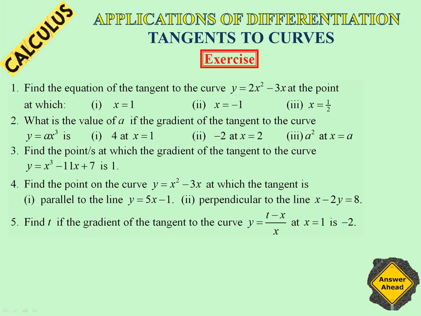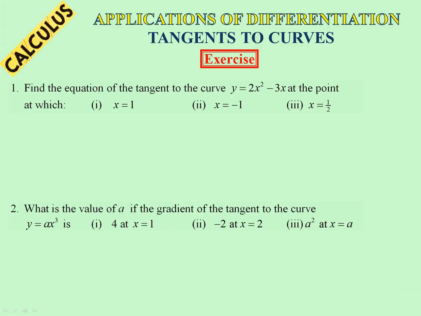Some exercises for you to do. Pause, try them first. In this first case, 3 steps. Find the y values by substituting into the original. Find the gradient by substituting into the derivative. That'll give you your m value.